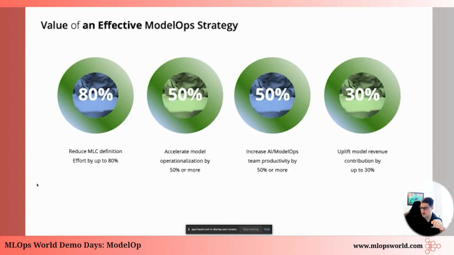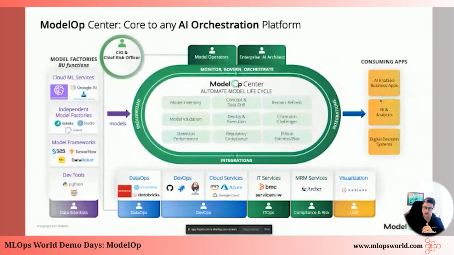So if we look at the ecosystem of what and how modeling and AI is coming to be in our customer base as well as in the market in general, ModelOp Center tends to sit as a platform or centerpiece connecting the data scientists or the quants and their model factories and platforms to the production use cases.